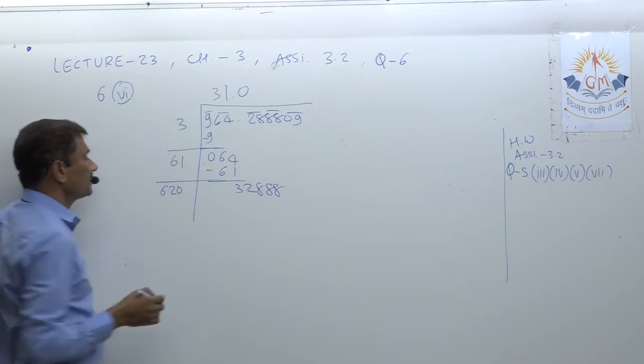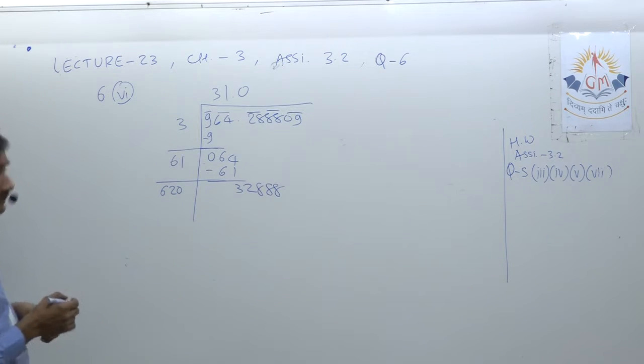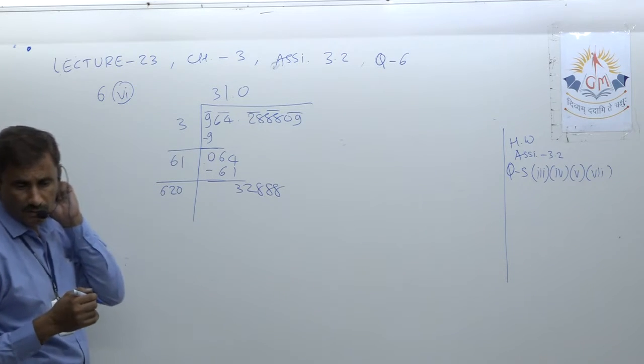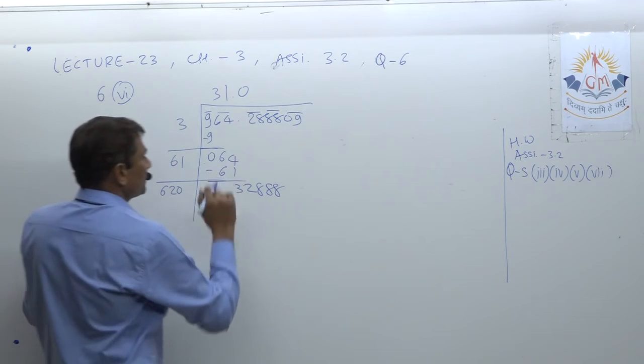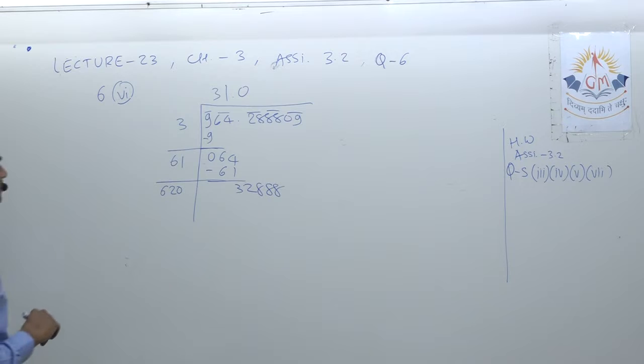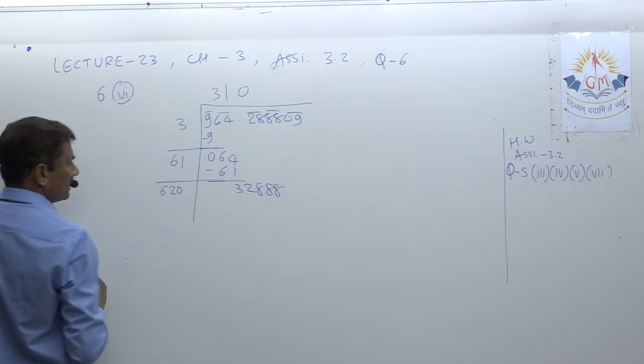Now we have 620 something, so it may be 1, so 6201 into 1, 6202 into 2, 6203 into 3, like that. Let's try here.